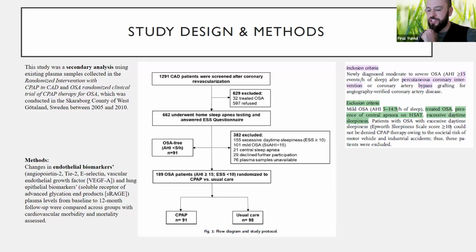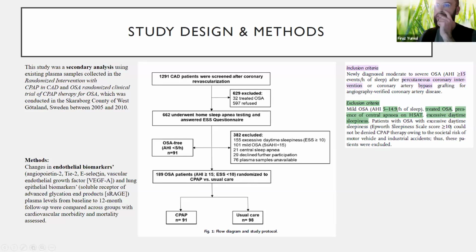So 189 patients with OSA and coronary artery disease were randomized to CPAP therapy, around 91 patients here at the end, or usual care, 98. An additional group of OSA-free CAD patients right here were analyzed for trends in biomarker levels. So that was the control group to analyze the trends of biomarker levels for patients that were OSA free.